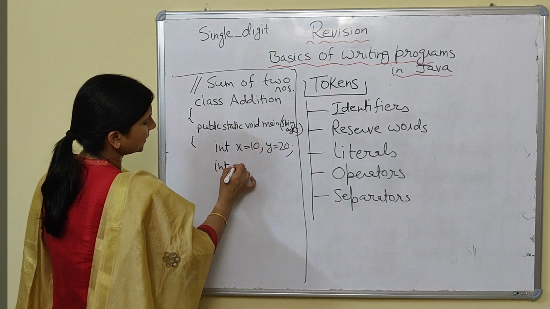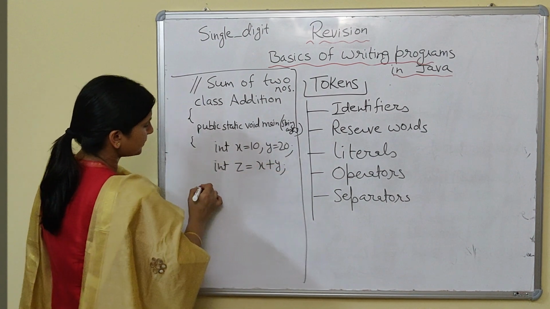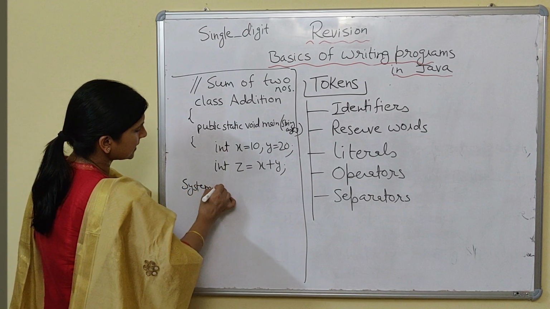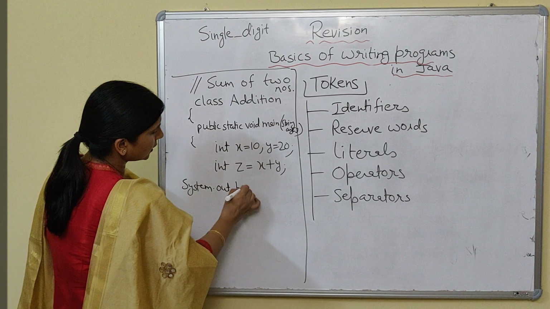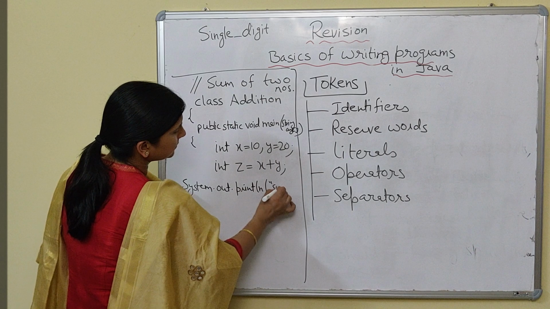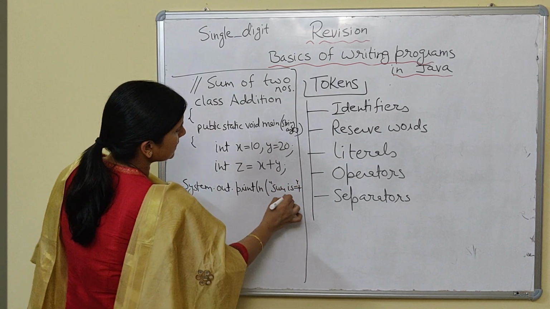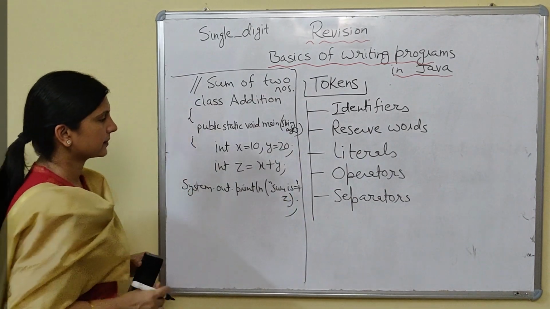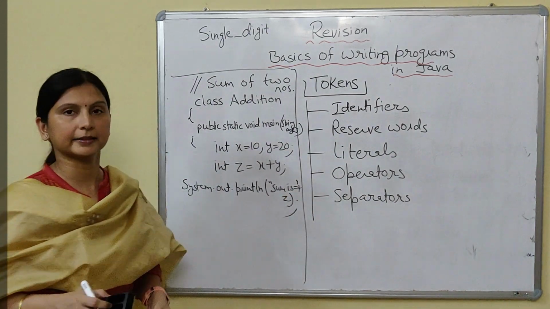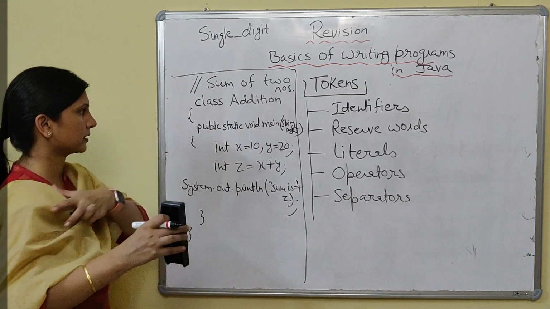Then again for addition, third variable I am taking: int z = x + y. Then I am going to print the value of z: System.out.println("Sum is " + z). Sum is within double quotes, plus z. Fine. Then main function close, then class close.